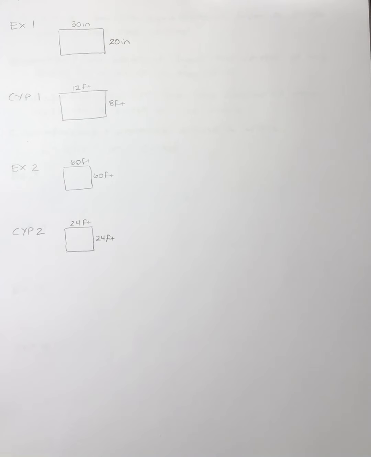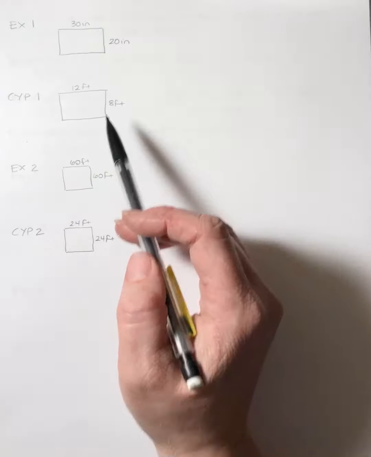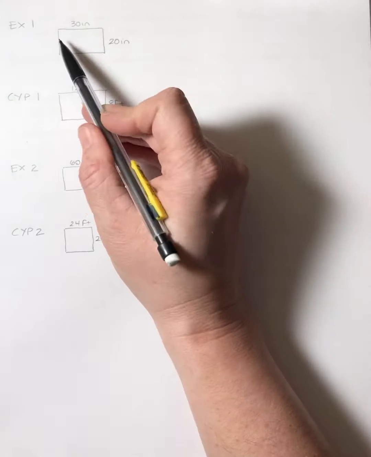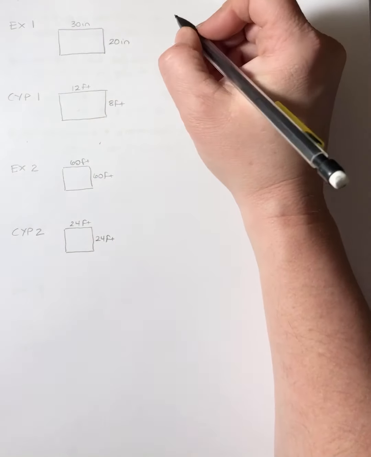All right, so example 1 is on page 379, and it says you want to trim a rectangular frame with a metal strip. The frame measures 30 inches by 20 inches. Find the length of the metal strip you will need to trim the frame. So all you're doing is finding the perimeter of the rectangle.